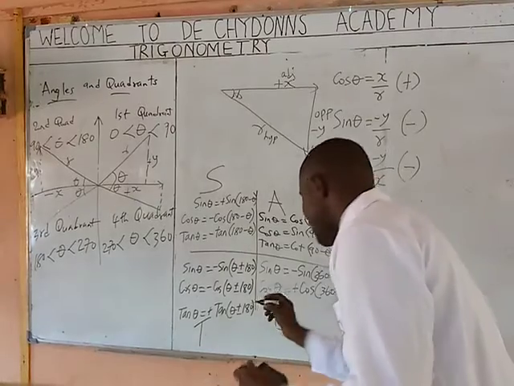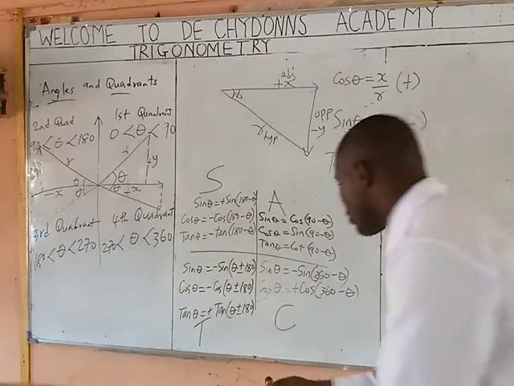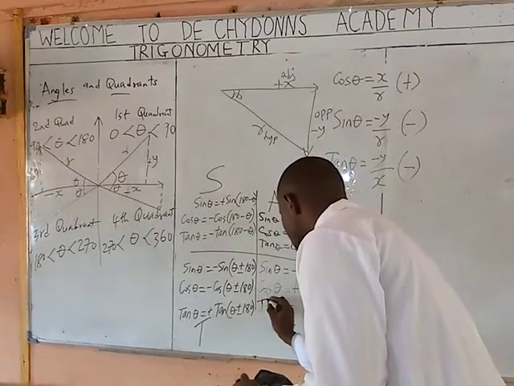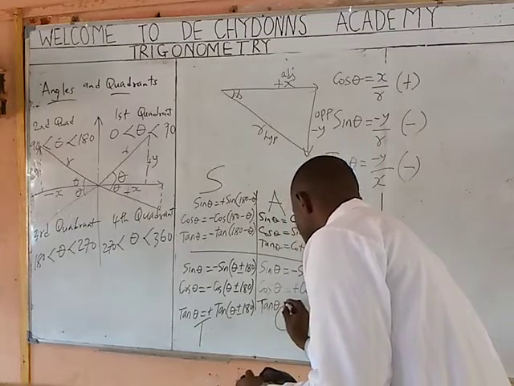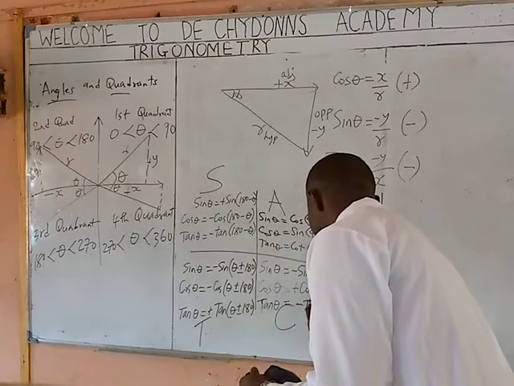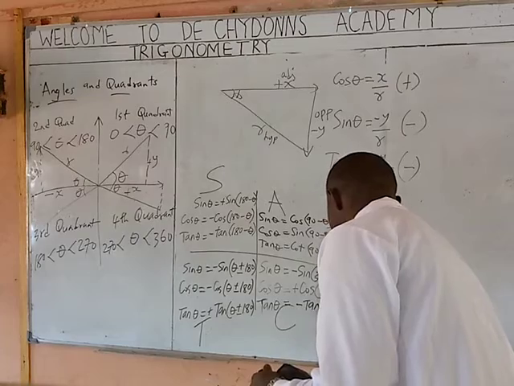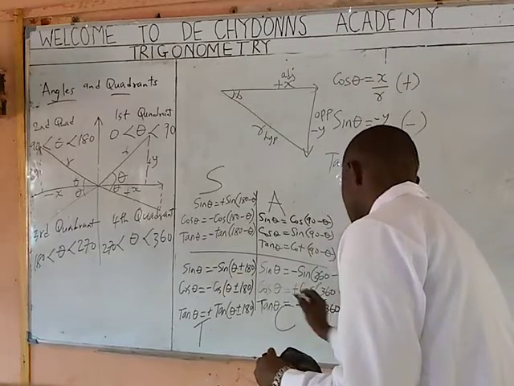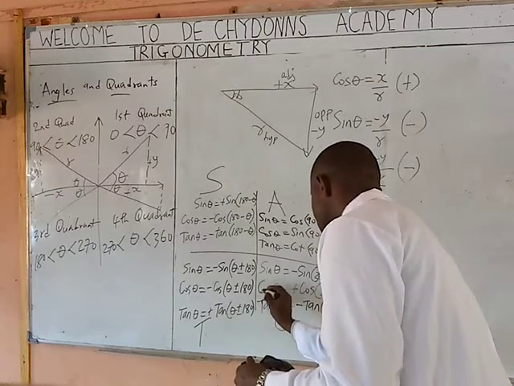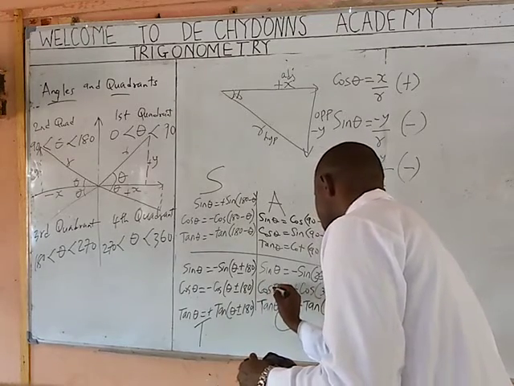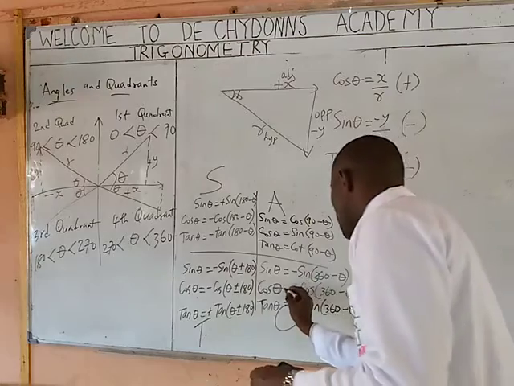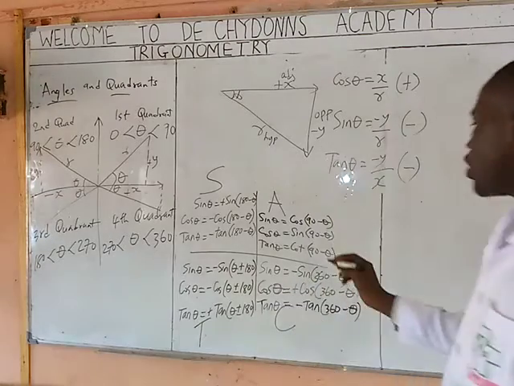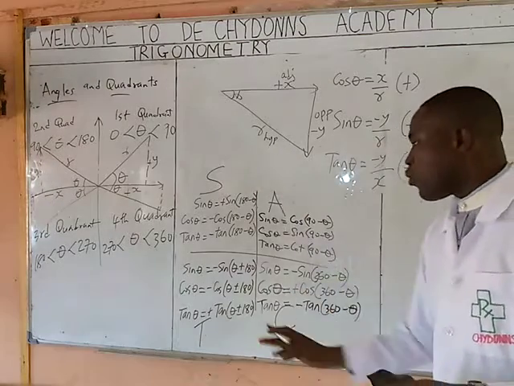Then tan theta equals minus tan (360 minus theta). So we've been able to derive or show what happened in the fourth quadrant.